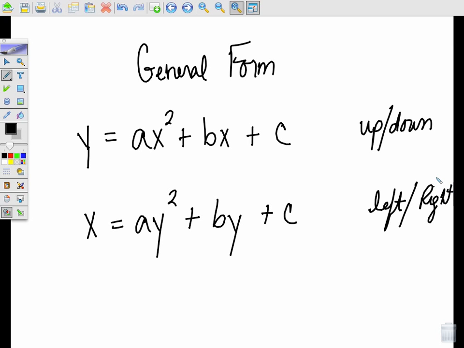All right, so those are all your forms. Now what we're really going to do is look at how all of this plays, because we're going to have to graph these parabolas in any of the forms.